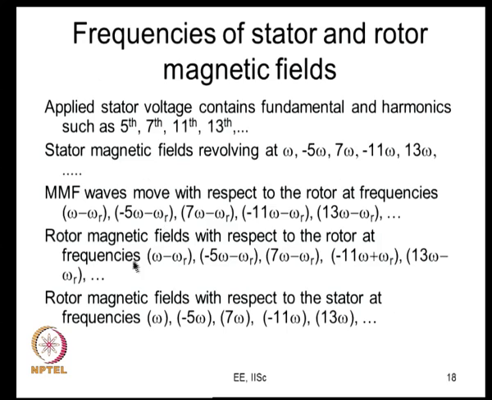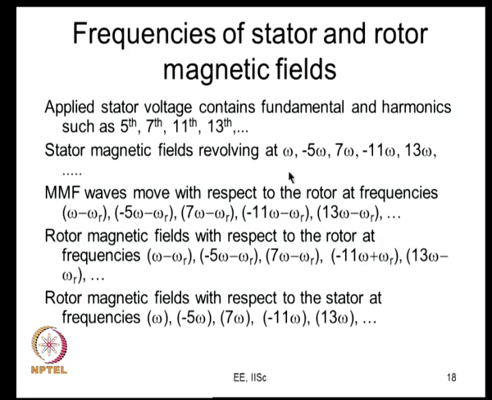So, the rotor produces a magnetic field which revolves at 5 omega plus omega r, but the direction is reversed, and therefore I have indicated a negative sign here. So, this is how the rotor magnetic field rotates with respect to the rotor, and with respect to the stator it is back to minus 5 omega. So, what happens is you have the 5th, 7th, 11th etcetera harmonics applied on the stator.